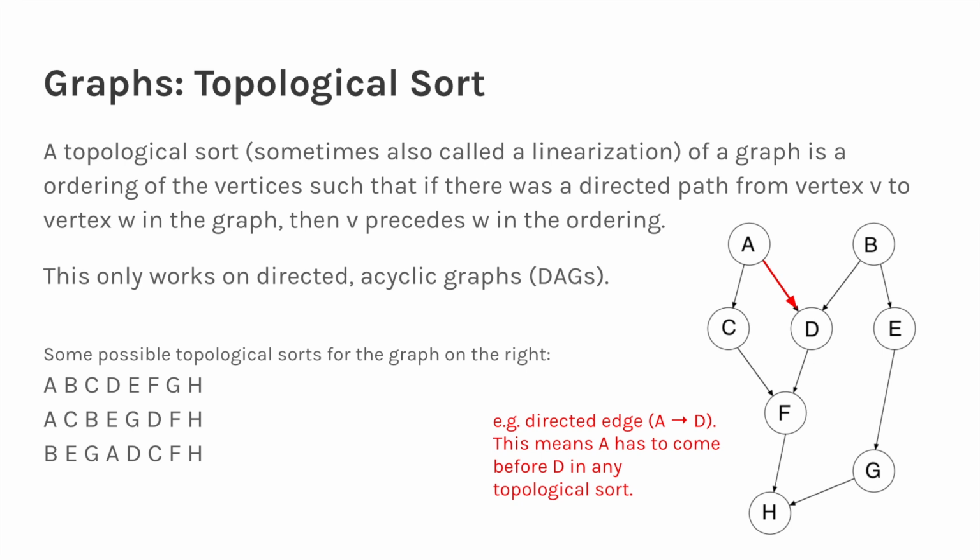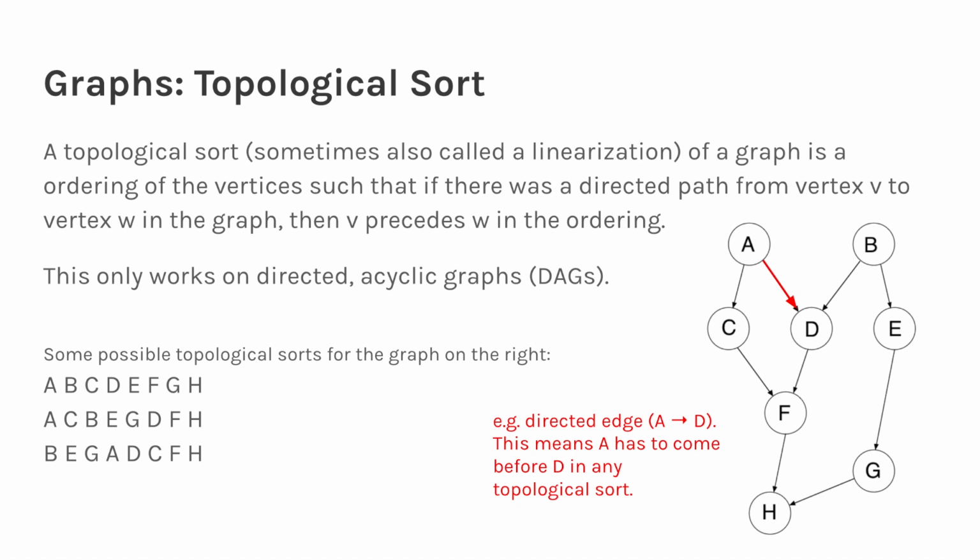Okay, before we jump into BFS, let's talk about this cool application of DFS, which is called topological sort. So a topological sort is an ordering of the vertices in a graph. It's also sometimes called a linearization of a graph.